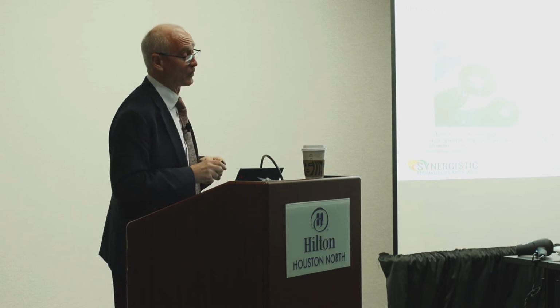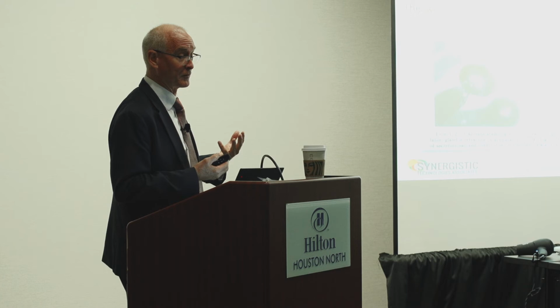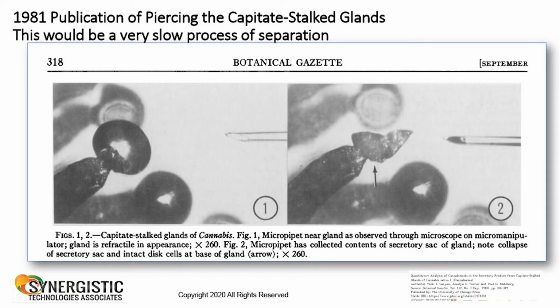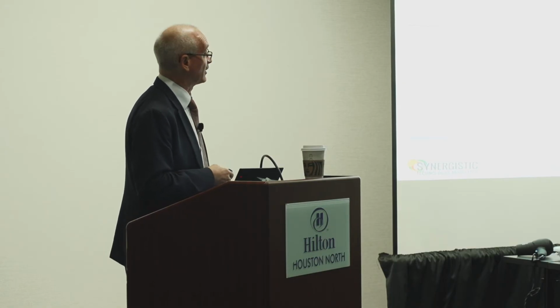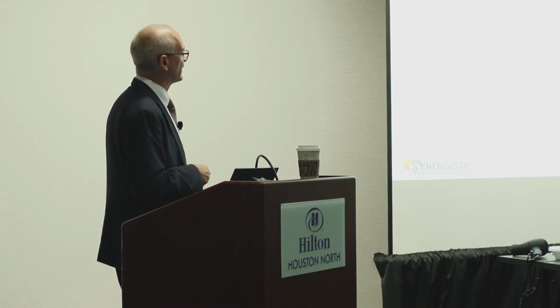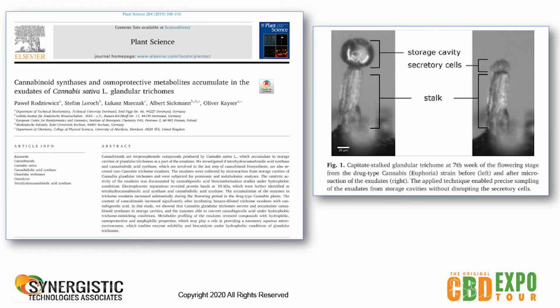Back in 1981, when they didn't have all this information because they were just learning more about the plant, they were able to take a needle and pull out the contents, and found that sure enough there were cannabinoids in there. Then you move to the next stage. This is a paper that came out in April of 2020, I believe. From there you can see that they started to move to the next part, and that is how they are synthesized.